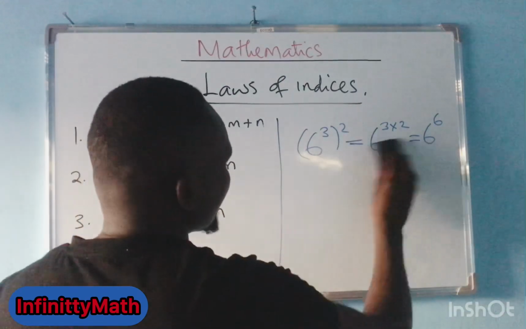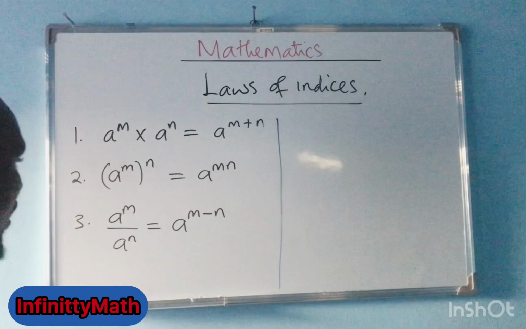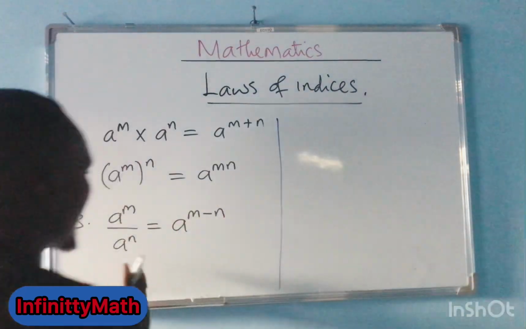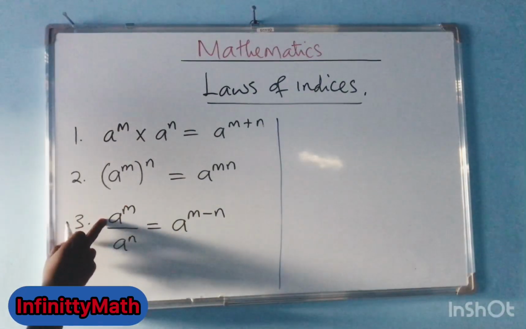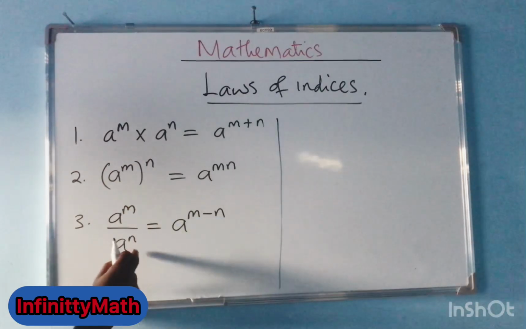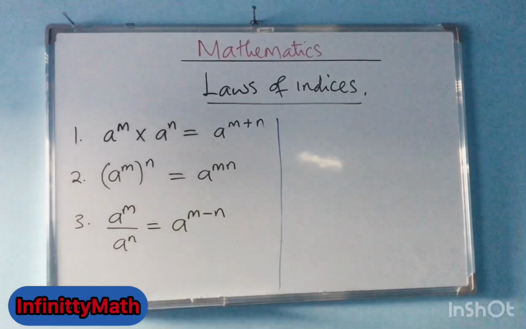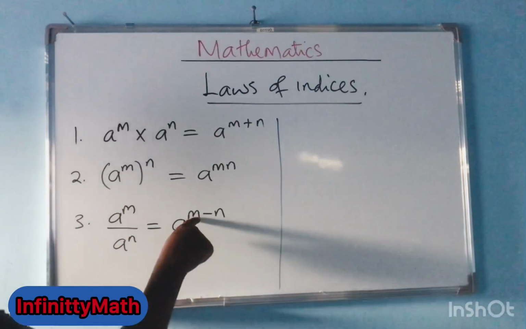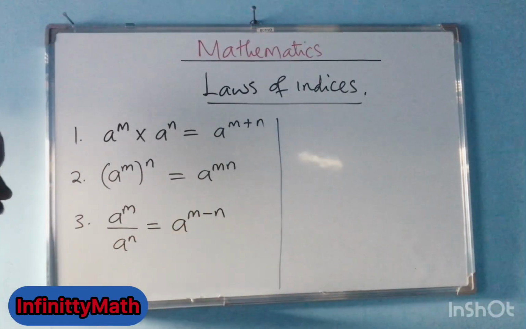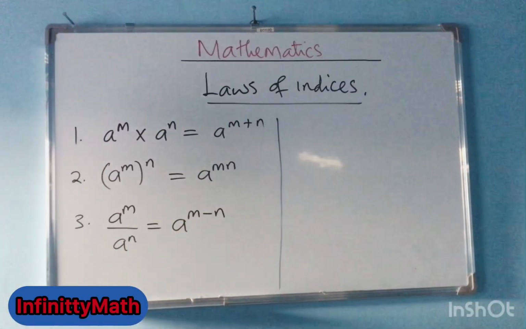Now on the last part, we have this law where, given some base raised to the exponent m, over the same base raised to the exponent n, this should equal the base raised to m minus n. This is quite easy, but when you look at it this way, it might confuse you.